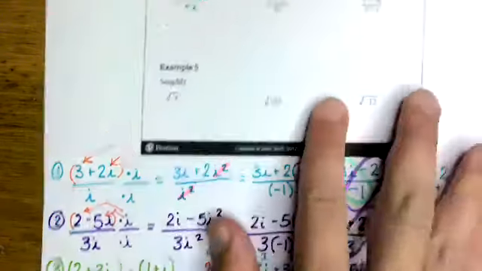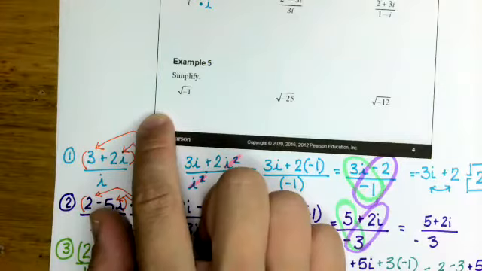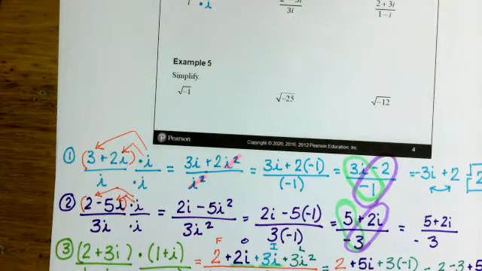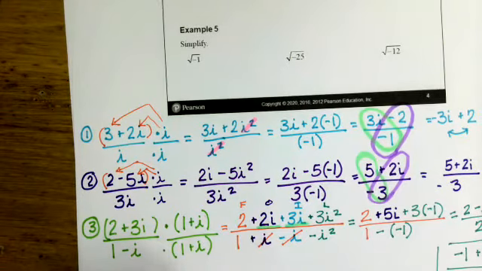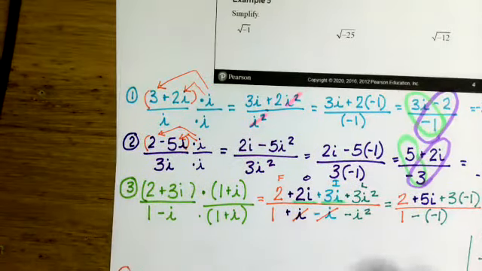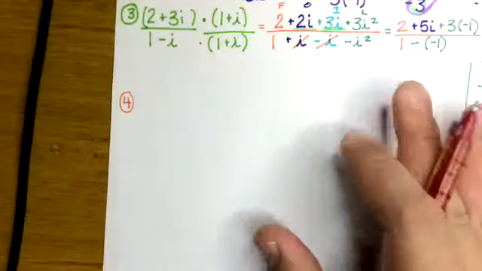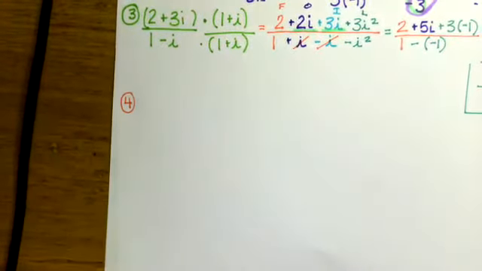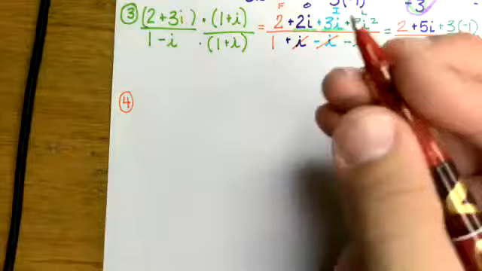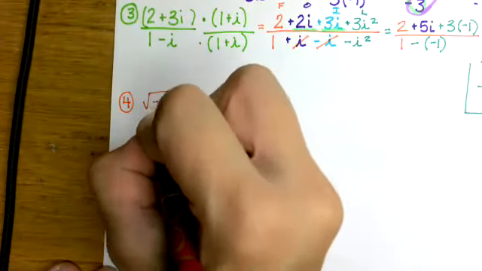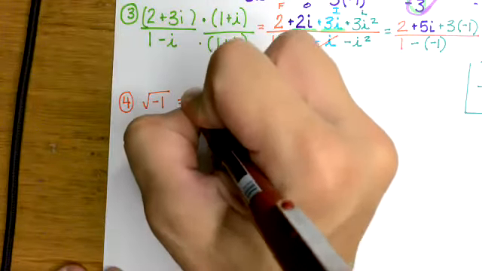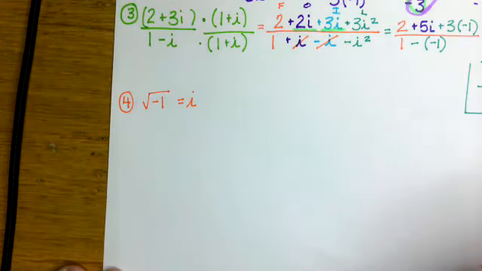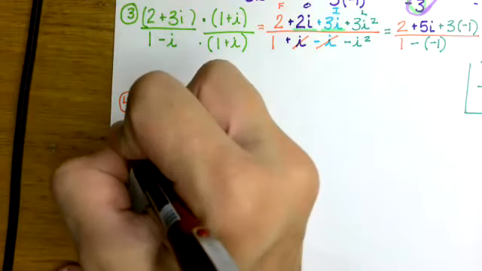So that was 1, 2, 3, the square root of negative 1. 4 was the square root of negative 1. The square root of negative 1 is I. Done. Okay. Number 5.